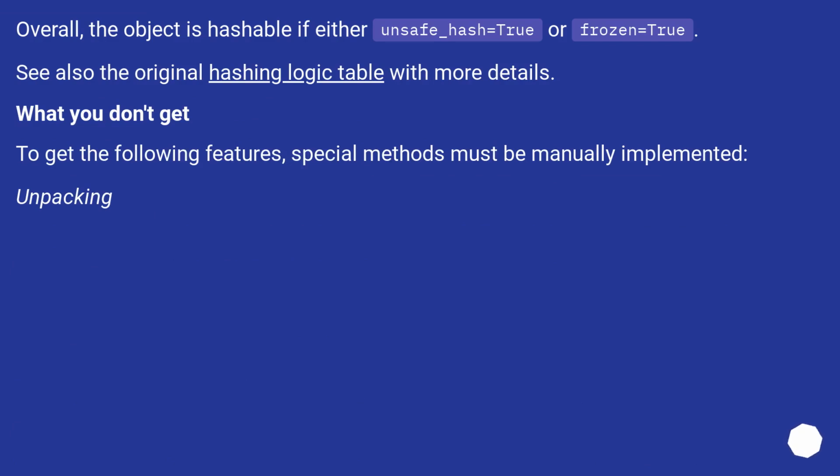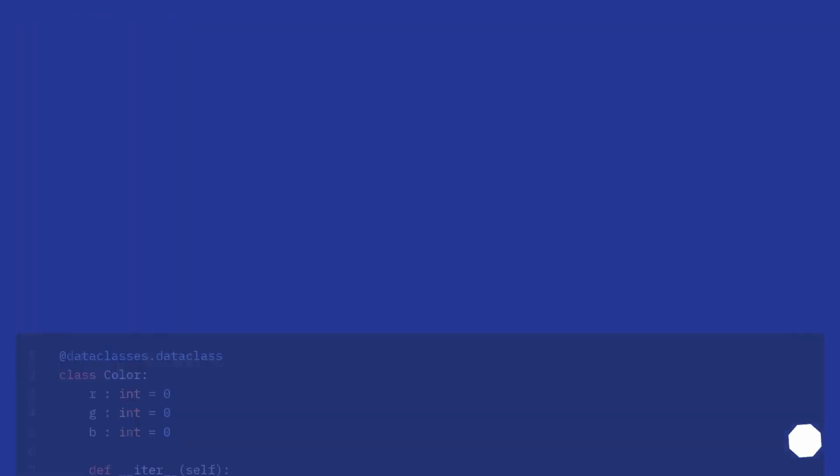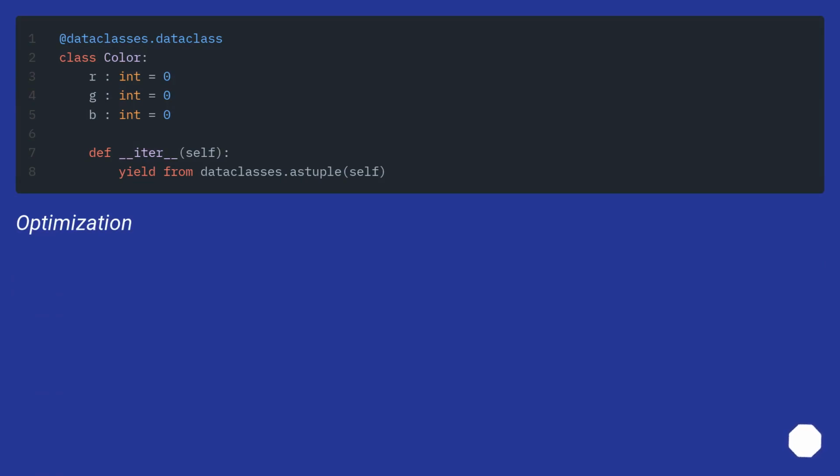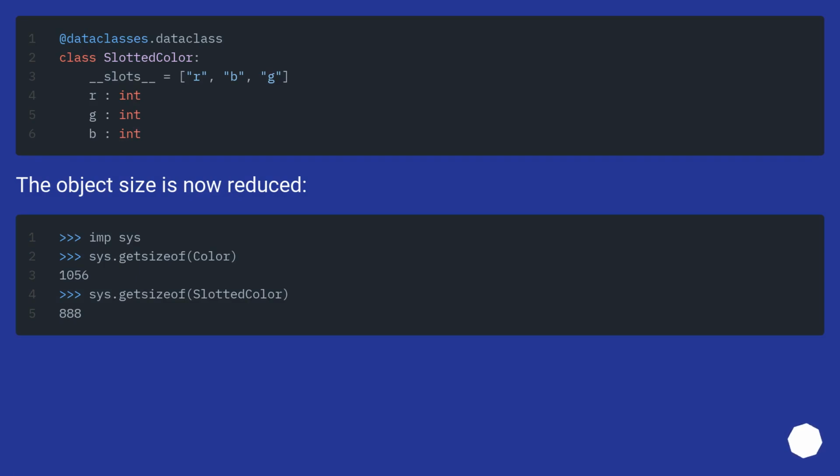What you don't get: to get the following features, special methods must be manually implemented. Unpacking. Optimization: the object size is now reduced.